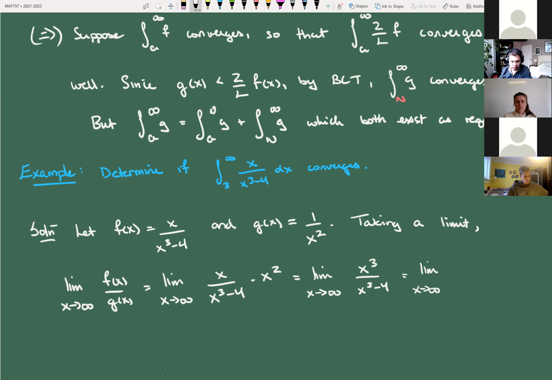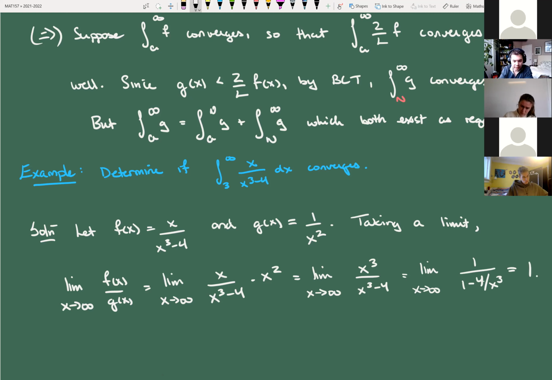Kind of the traditional approach here is to divide, where you have just a rational function, divide by the biggest power. So I'm going to divide everything by x cubed. And then you say, oh, look, the 4 over x cubed term goes to 0. So the only thing that survives is a 1.